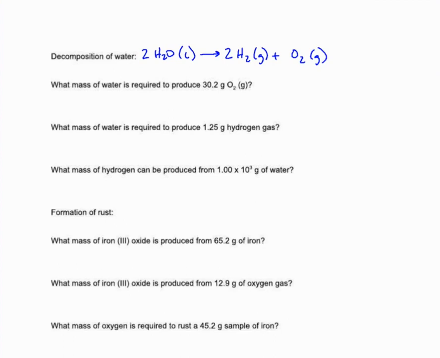So what I'm going to do is go straight to my calculator, put parentheses 1.01, that's the molar mass of hydrogen, times 2, which is the subscript, and then plus 16.0, the molar mass of oxygen, and there's 1 of them. When you put this into your calculator, it rounds to 18.0 grams per mole.